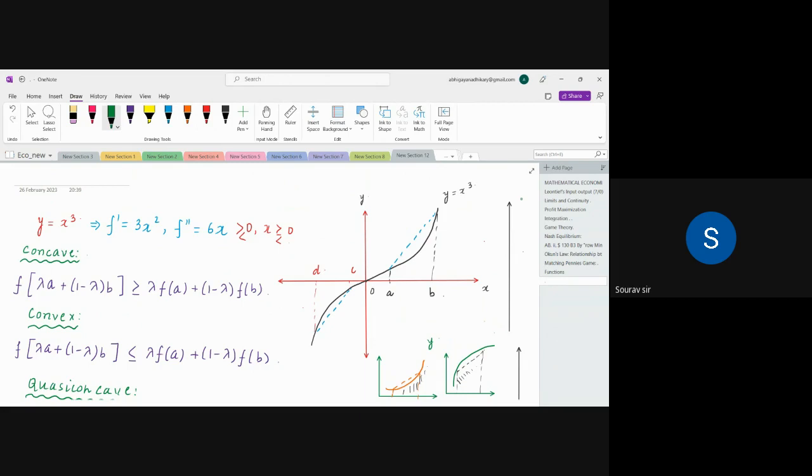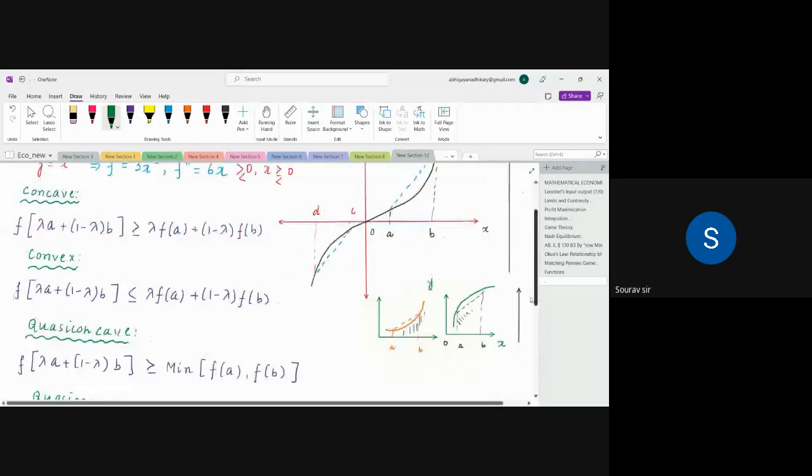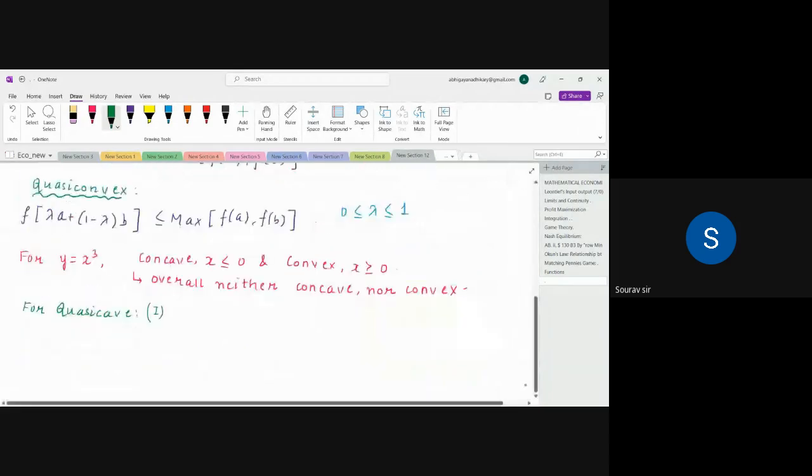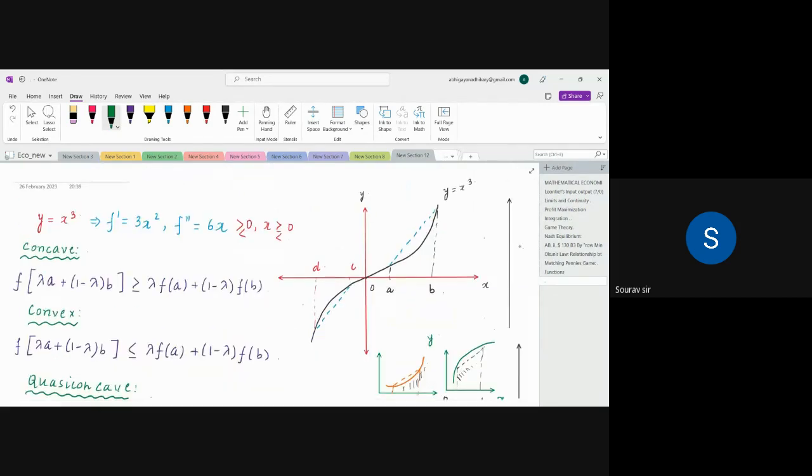Number 2, we should consider negative points and check. And number 3, we should take 1 positive and 1 negative. So let's take one by one. Case A, points A and B, where f of A is lesser than f of B.